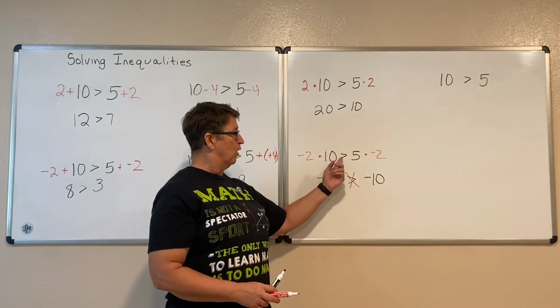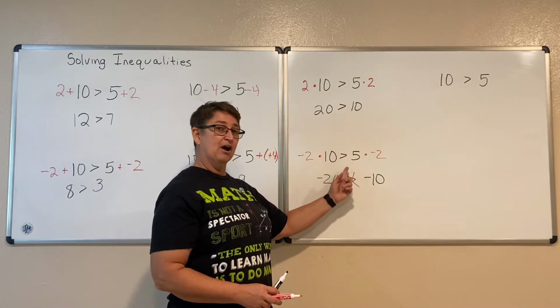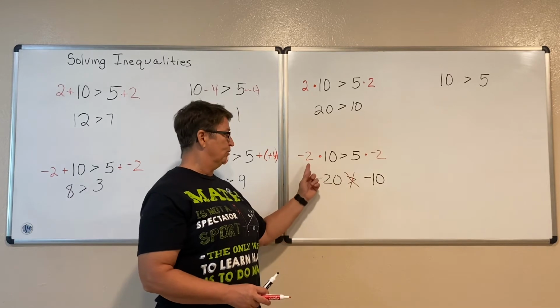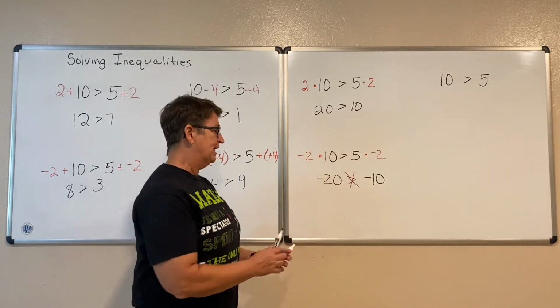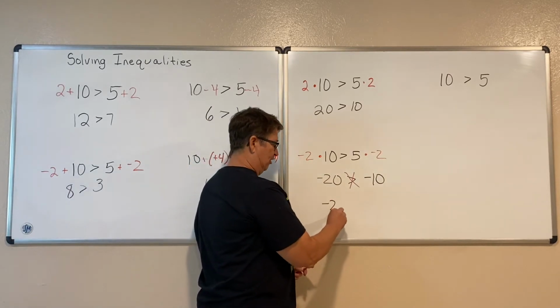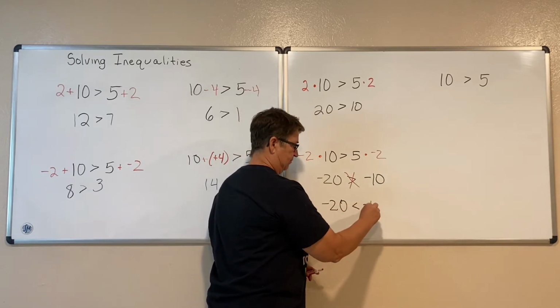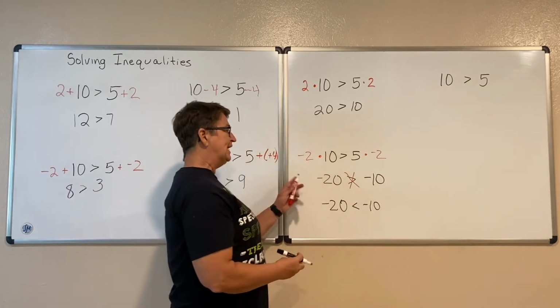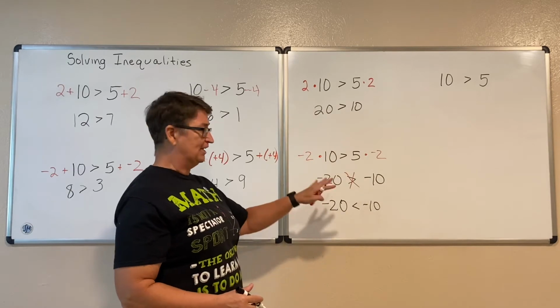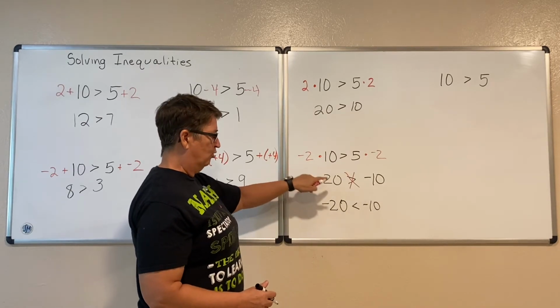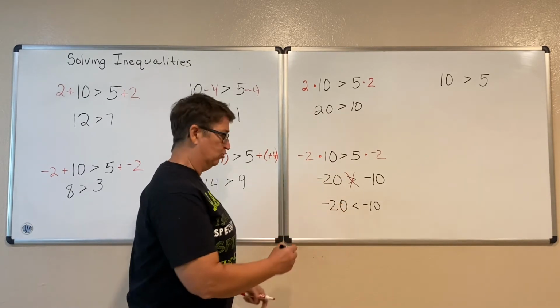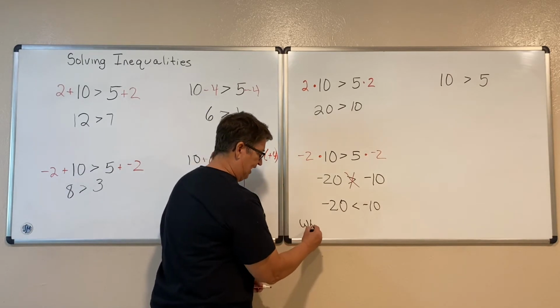And actually what we have to do to make our inequality be true when we multiply by a negative number is we have to flip our inequality. So anytime we're multiplying both sides by a negative number, we have to flip our inequality. I'm going to write that down.